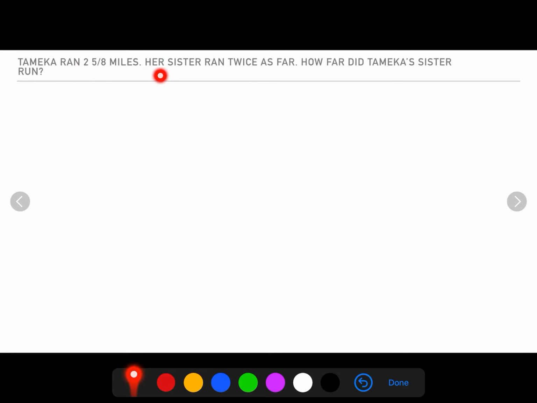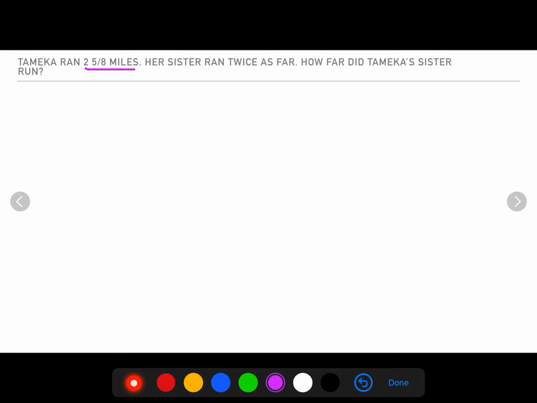It says Tamika ran 2 5/8 miles. Her sister ran twice as far. How far did Tamika's sister run? Now let's read it again. This time, I want you to see if there are any key details that I can pull out from this first sentence. Do you see any key details that I need to underline?